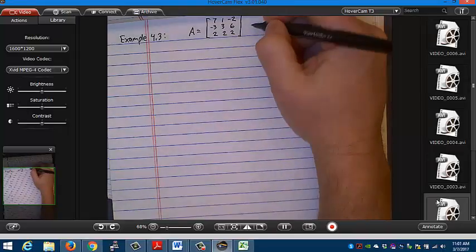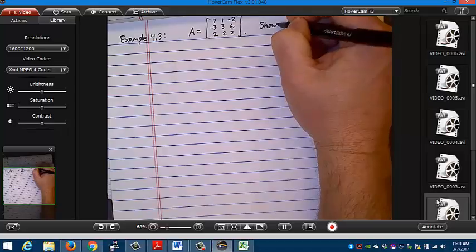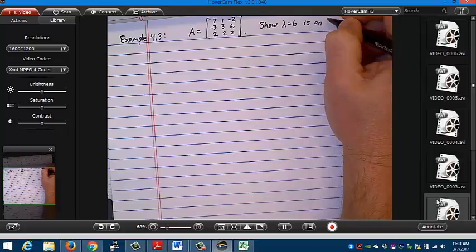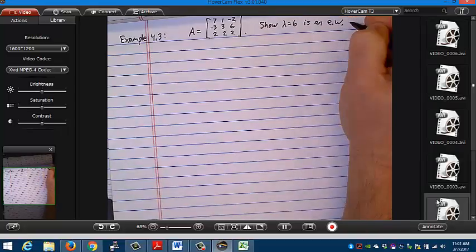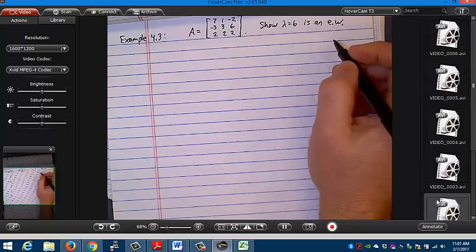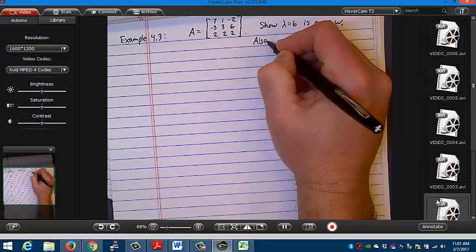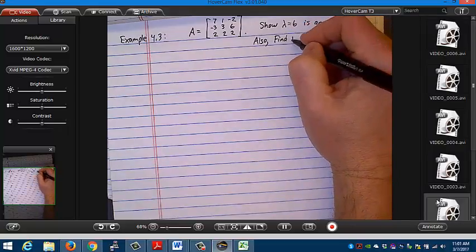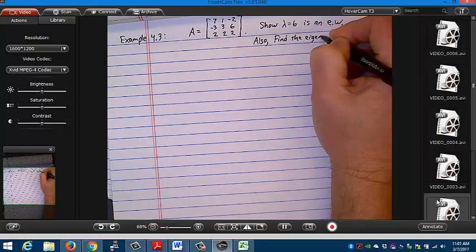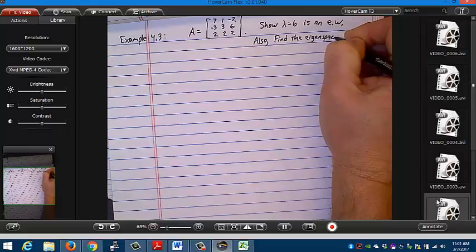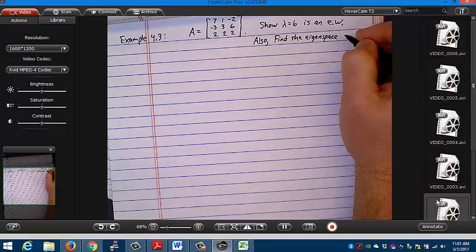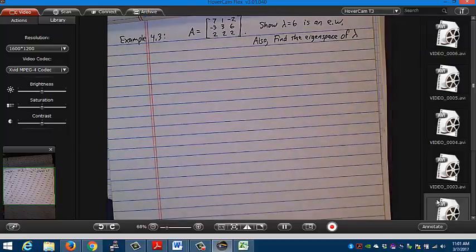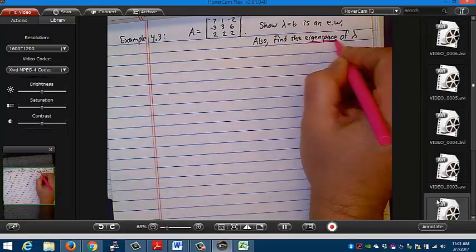What I'm supposed to do here is show that lambda equals 6 is an eigenvalue, and then also find the eigenspace of lambda. This is new. I haven't said what this is yet, but I'm going to demonstrate it.